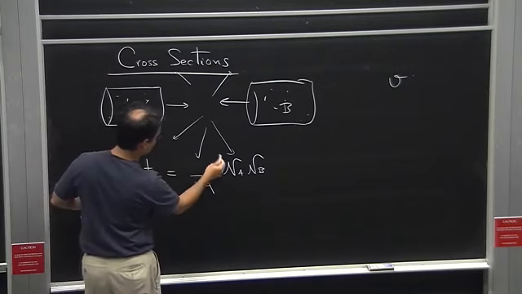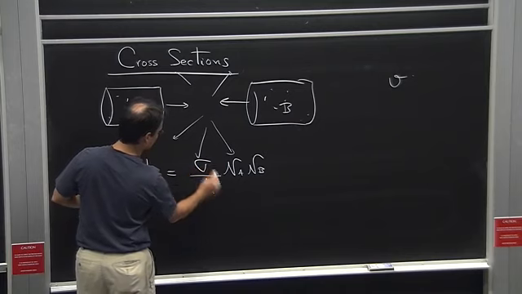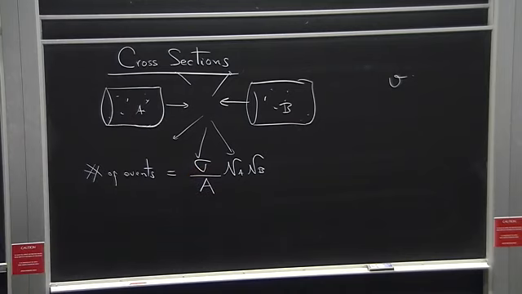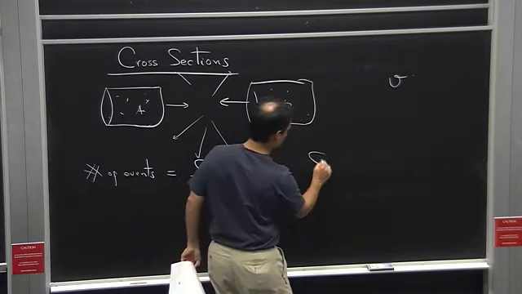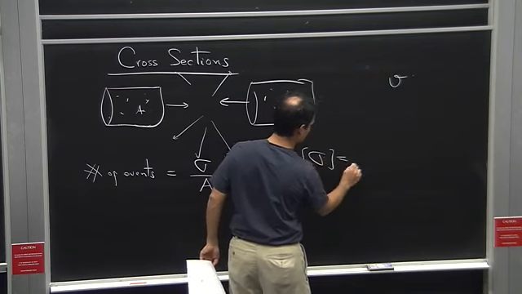And the constant of proportionality is called the cross section. So the cross section was something that has dimensions of area.